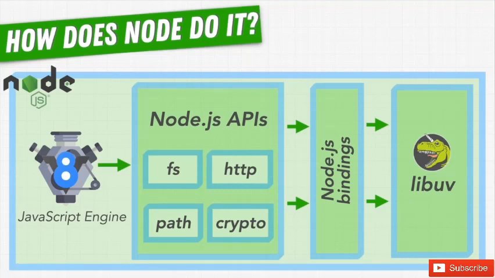In Node, we have one main thread. This one thread runs the V8 engine, our JavaScript code, including the Node APIs, as well as a super important part of libuv, which is the event loop.